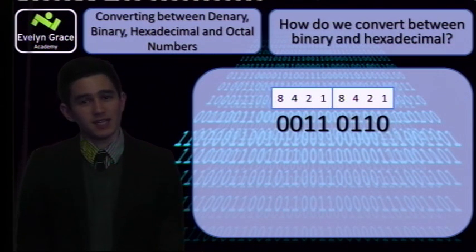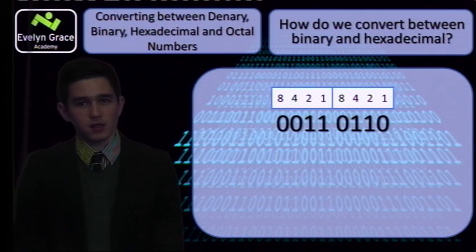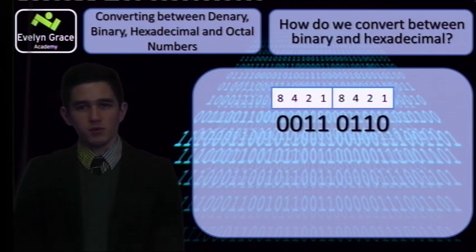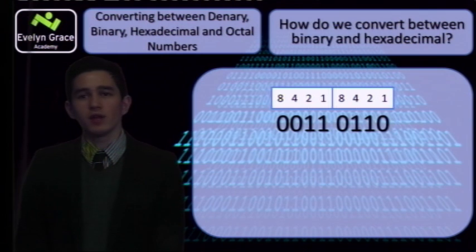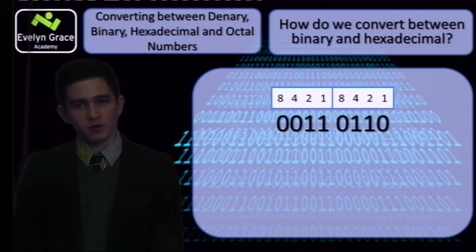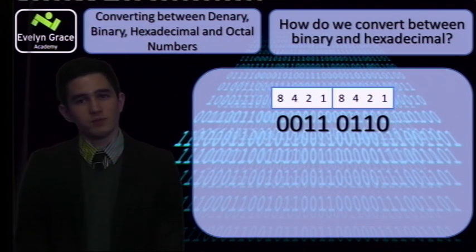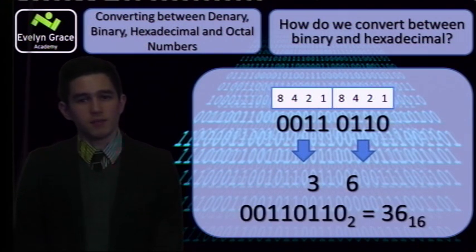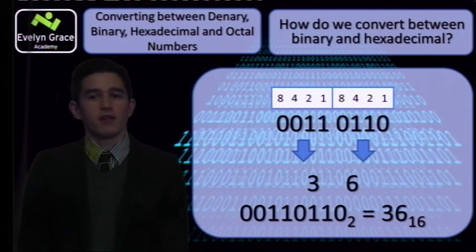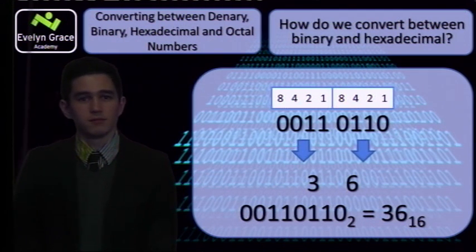And then I'm going to convert each nibble into hex. So I can see the first nibble is 2 and 1, so I know that's 3. And the second one has a 1 under 4 and 2, so that would be 6. So simply, the answer is 36. So the binary number 00110110 is 36 to the base 16.